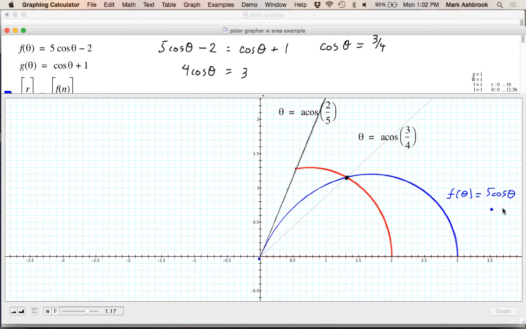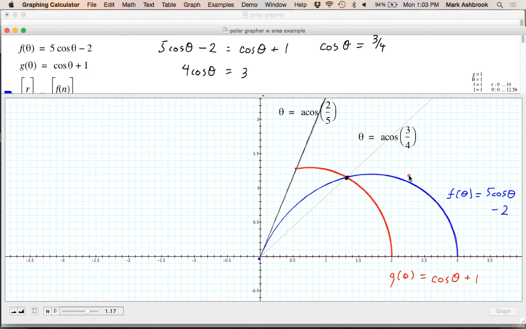And this one is g of theta, the red one, cosine theta plus 1. So I've got three different regions there. I've got the shark fin, right? Do you see the shark fin? And then I've got this, what's that like? I don't know. And then this kind of triangular wedge over here.